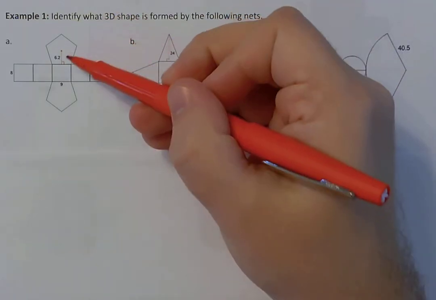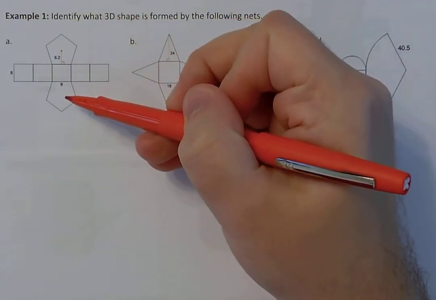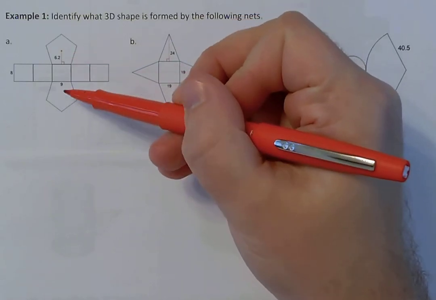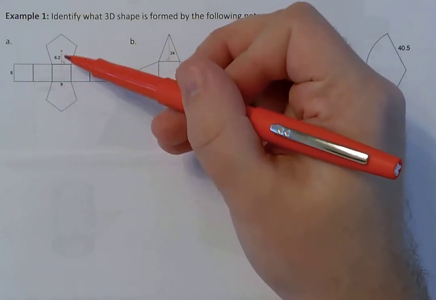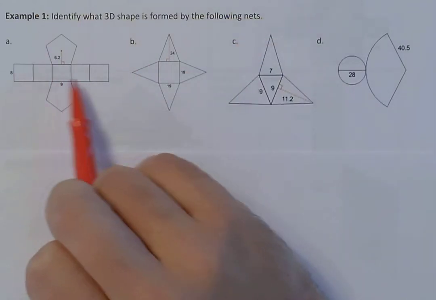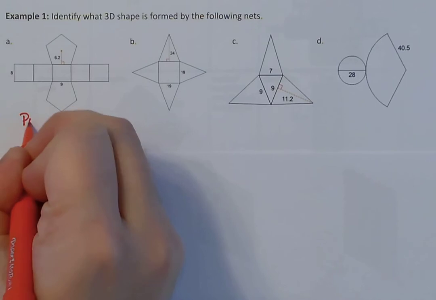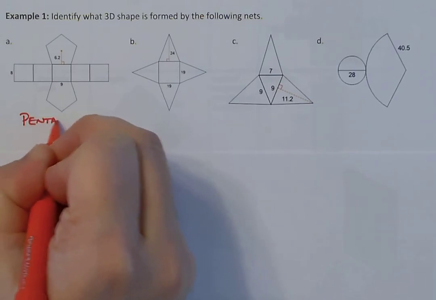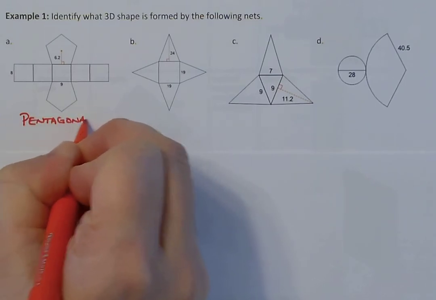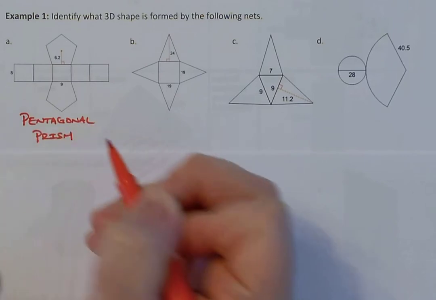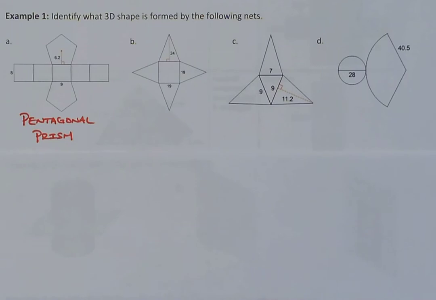Well, we have 2 pentagons that can represent our base. So that means we're going to have a pentagonal prism, because we have our pentagon bases and then our rectangular sides. And that is our first net for example 1.